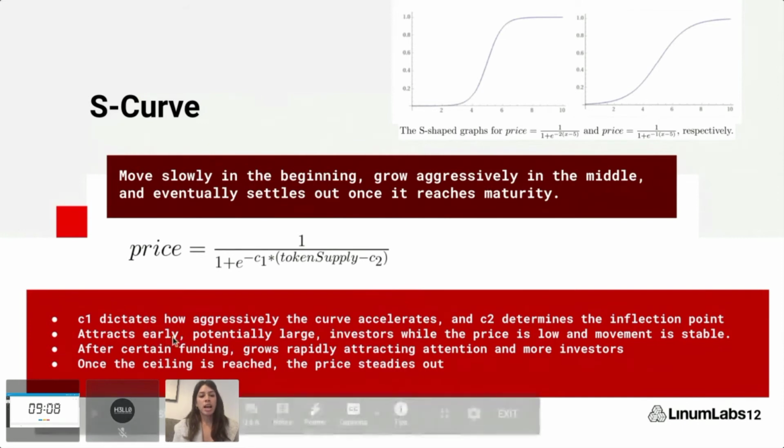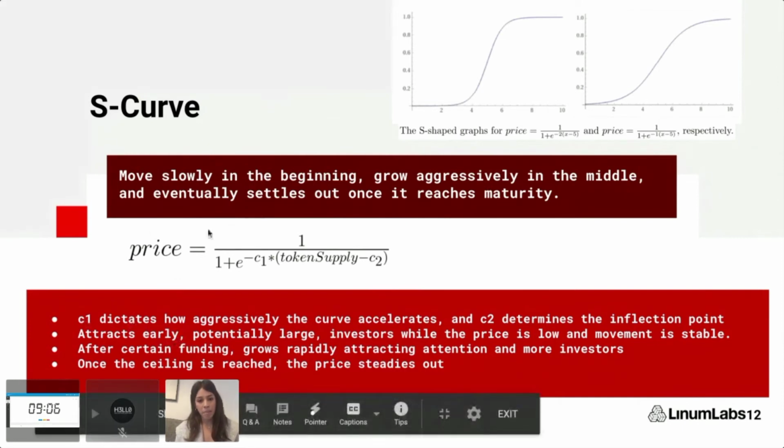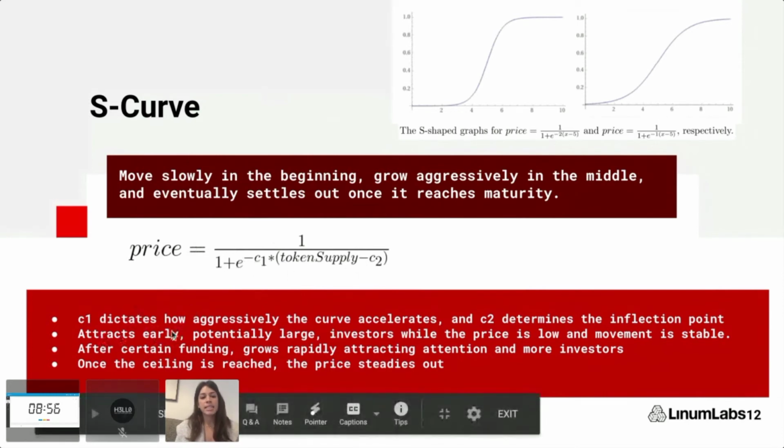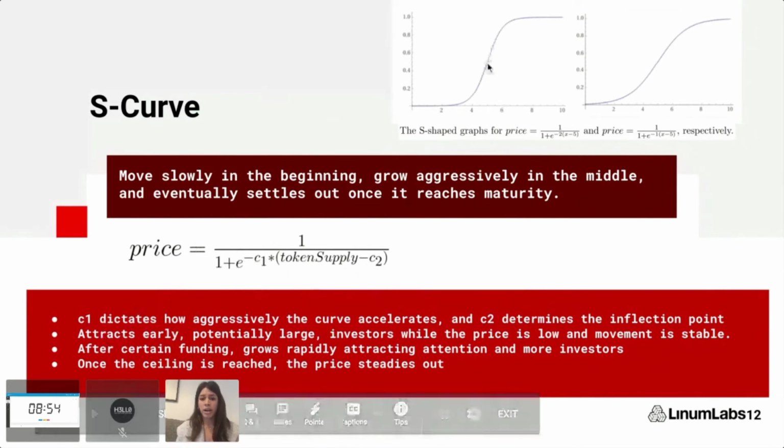So essentially, that can be dictated by this formula right here. I'm not going to speak it out because it's just easier to read. Essentially, it's dictated by C1 and C2 here. C1 dictates how aggressively the curve accelerates, and C2 determines the inflection point, so this point right here where it goes from accelerating to decelerating.